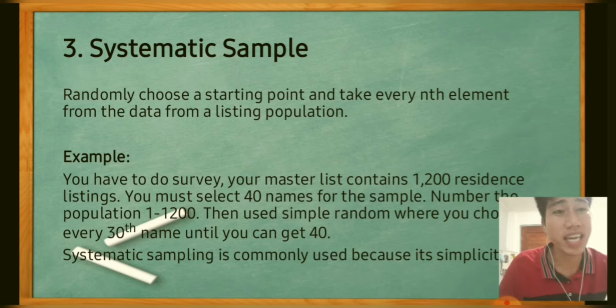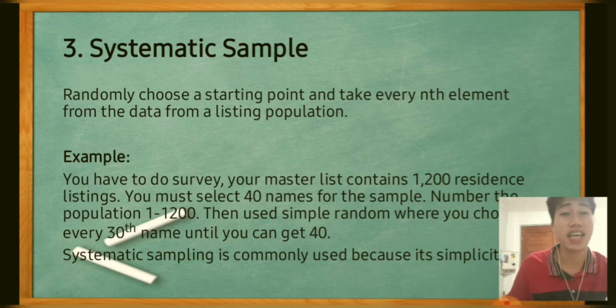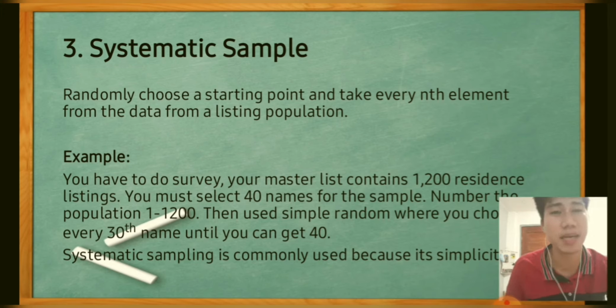So, you list 1 to 1,200 residents, and then you choose every 30th name until you get 40. That is systematic sample. Unlike stratified sample, where we divide the population by group and take the sample from each group.